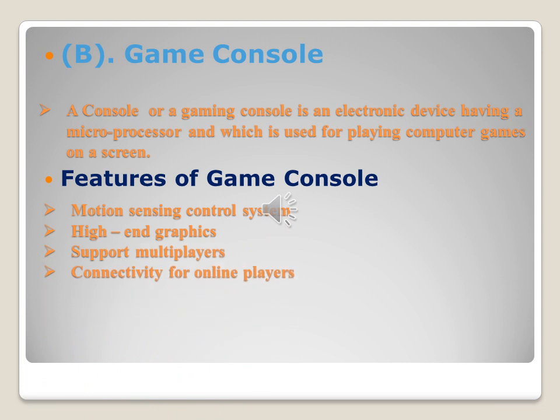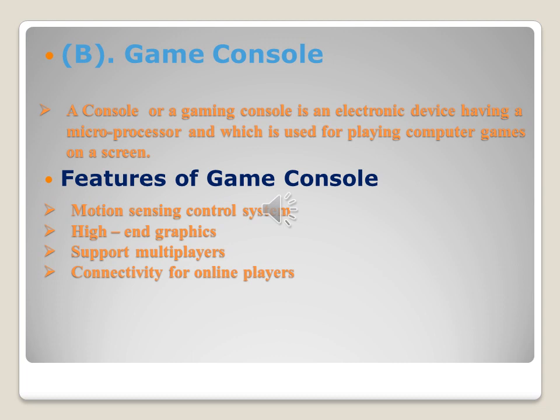The second is a game console. A console or a gaming console is an electronic device having a microprocessor and which is used for playing computer games on a screen. The different games can be played in a game console.